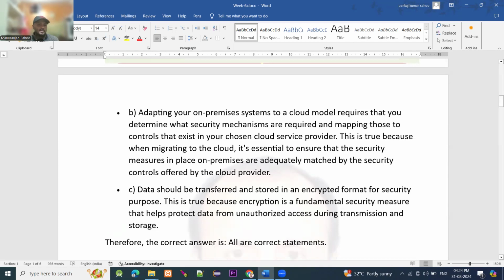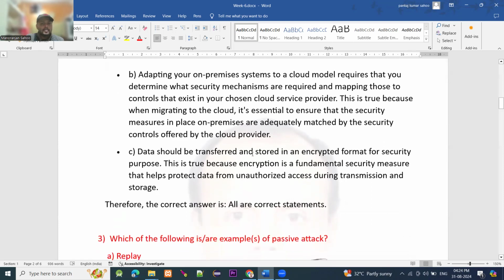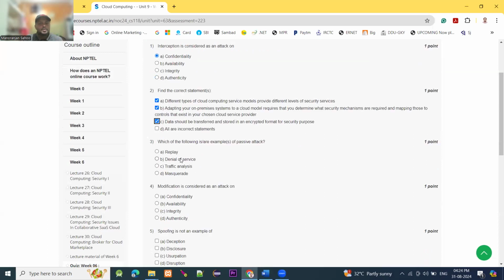The third option is data should be transported and stored in an encrypted format for security purposes. This is true because encryption is a fundamental security measure that helps protect data from unauthorized access during transmission and storage. Therefore, all the statements are correct. You choose ABC. Moving to question number 3.